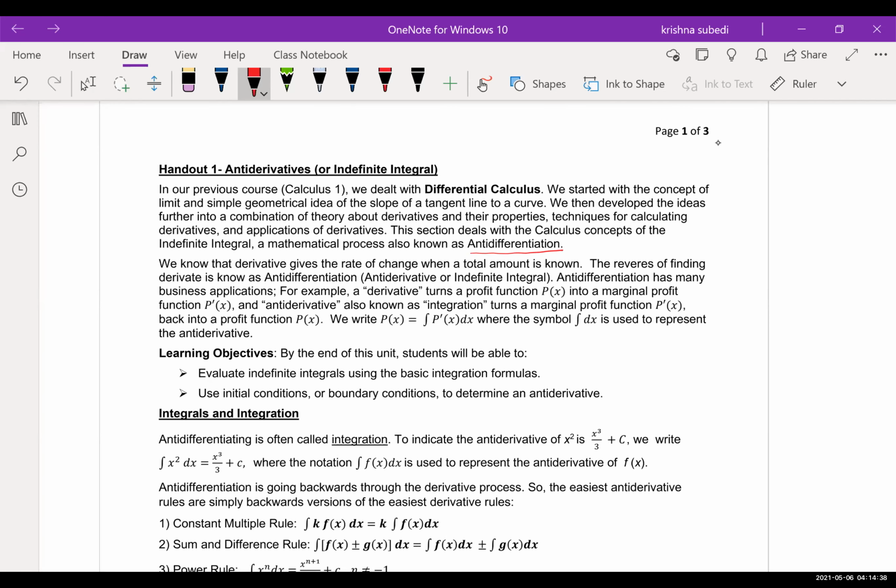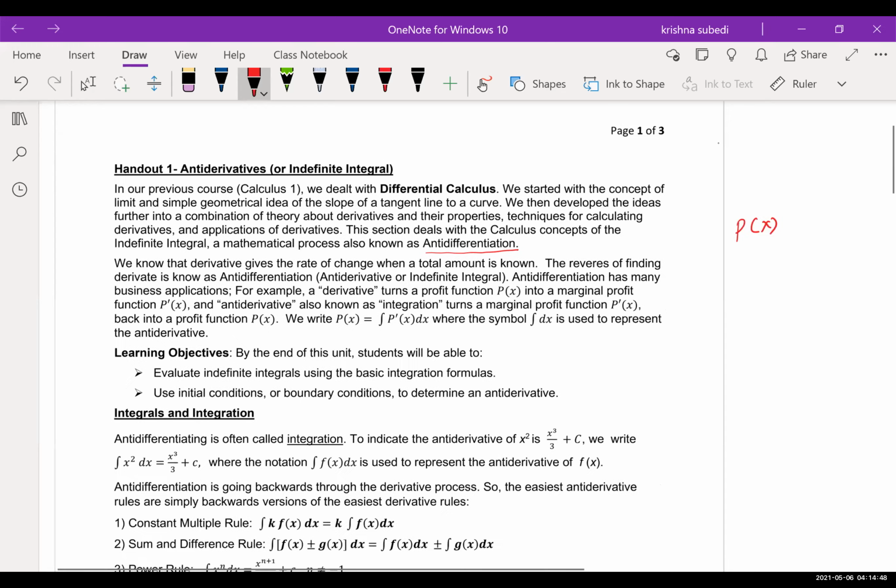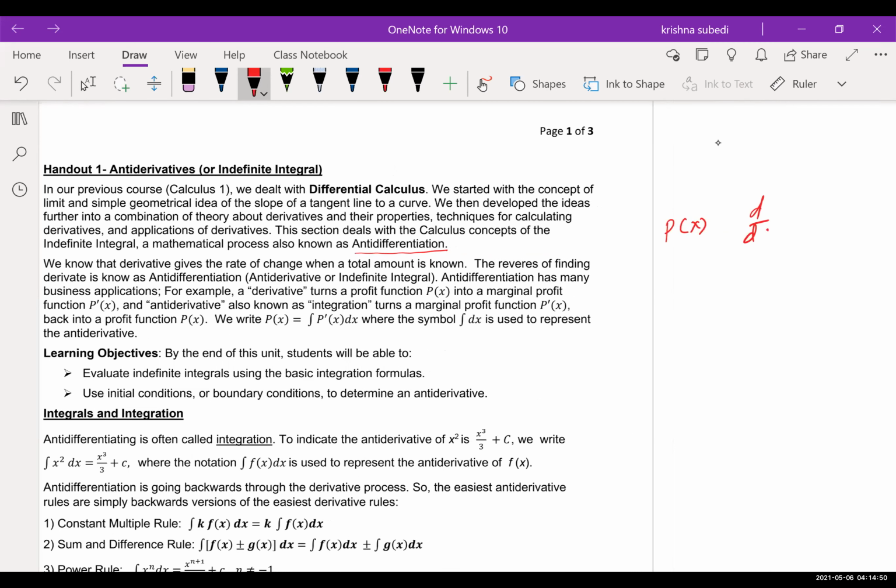So remember, the derivative gives us the rate of change. For example, if we have a profit function P of x, then the derivative of P of x, represented by P prime of x, gives us the marginal profit, which means the rate of change of the profit.